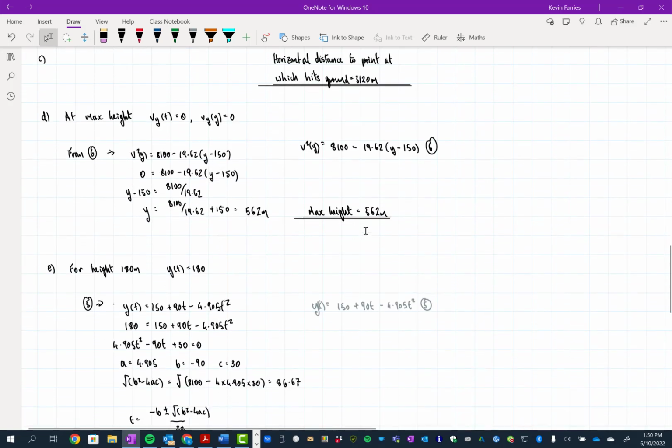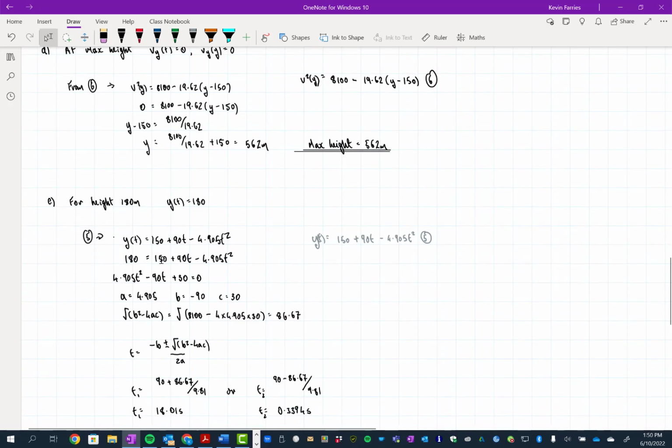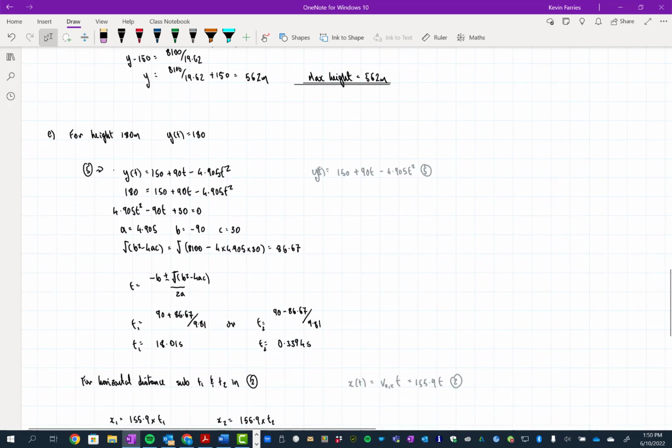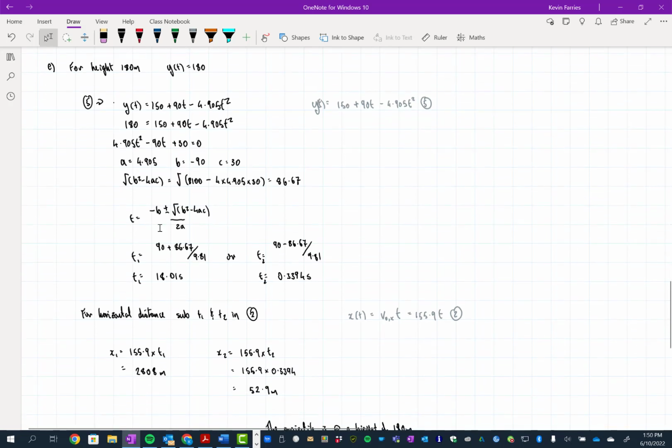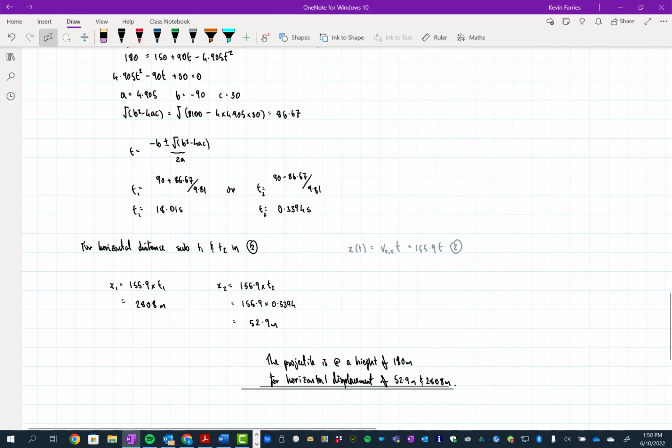Then, like I say, you're just selecting the formula you need to solve the problem. Sometimes you're going to have to do it in 2 steps. So if it's asking you for the horizontal distance at a certain height, you're going to have to use the vertical equations of motion to find the times at which it's at that height, and then take those times and substitute them into the horizontal equations of motion, and you'll get your answer.